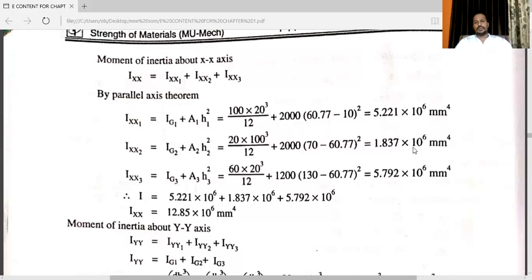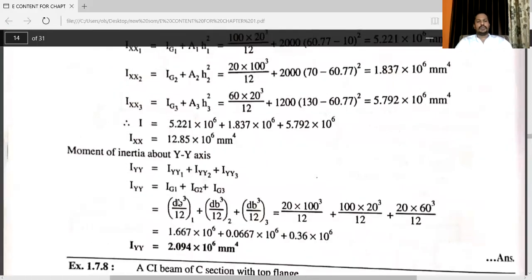Ixx2 is equal to 1.837 into 10 raised to 6 mm raised to 4. And Ixx3 is equal to 5.792 into 10 raised to 6 mm raised to 4. Whenever you add Ixx1, Ixx2, Ixx3, you will get the value of I. So Ixx is equal to 12.85 into 10 raised to 6 mm raised to 4. This is the answer for Ixx.